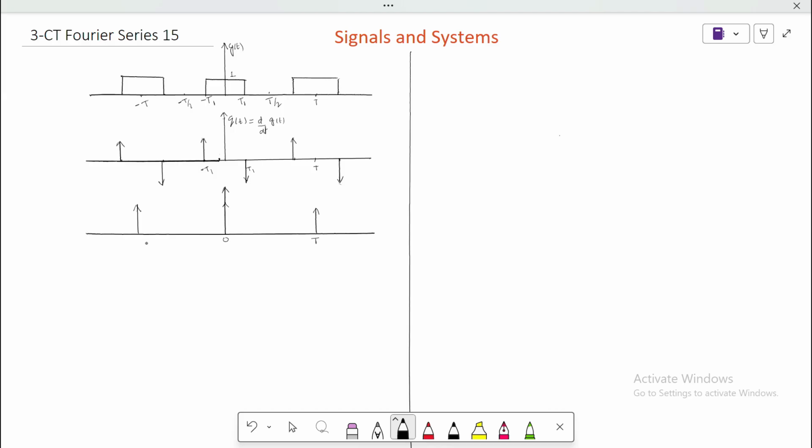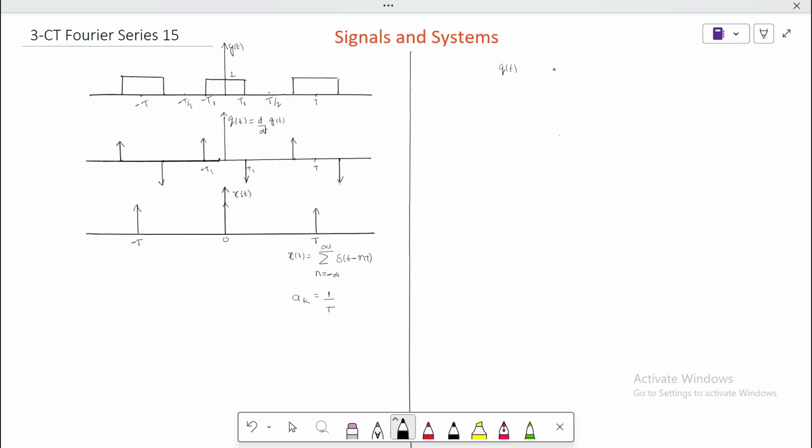This x of t is the impulse train, sigma delta of t minus nT, n from minus infinity to plus infinity. Its Fourier series coefficient a k is equal to 1 by T, as you know very well.